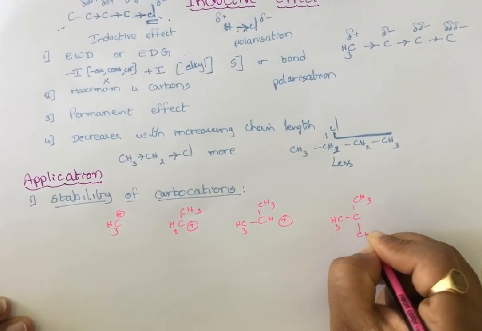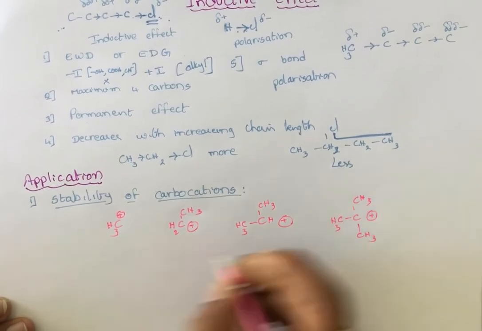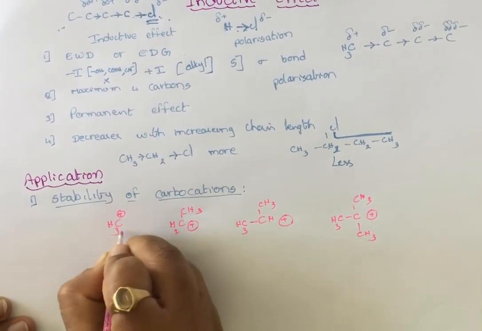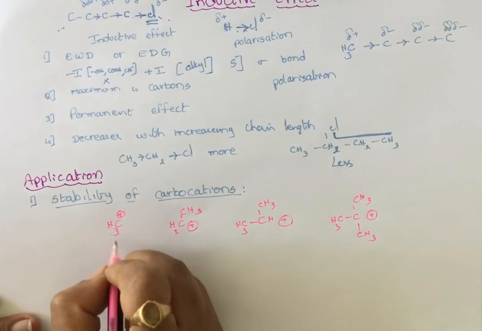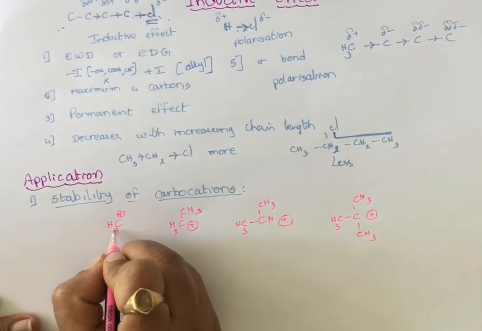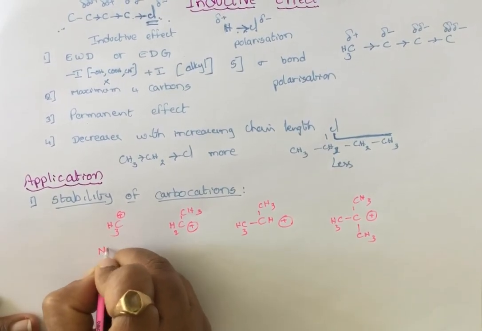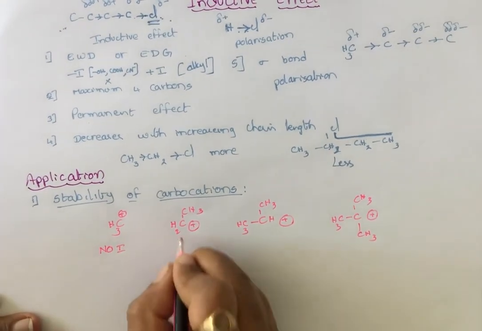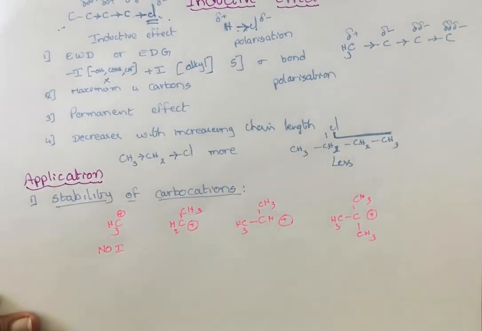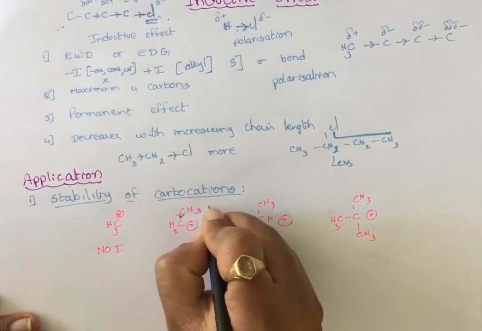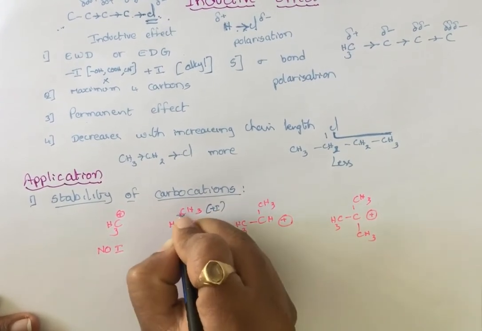Here, is this having any electron withdrawing or electron donating groups attached? No. So there is no I effect here. But in this case, a methyl group is attached. Methyl is showing a plus I effect.